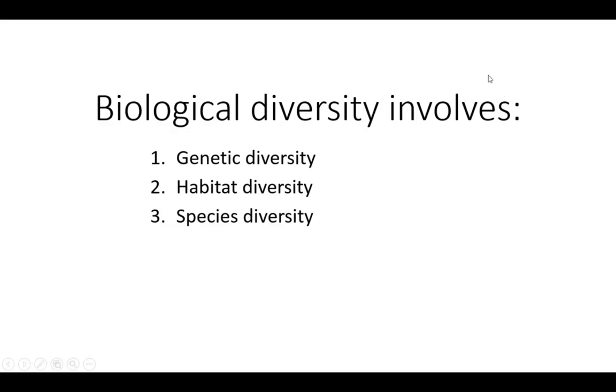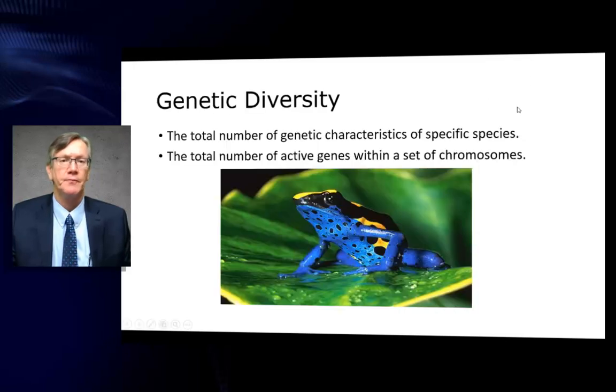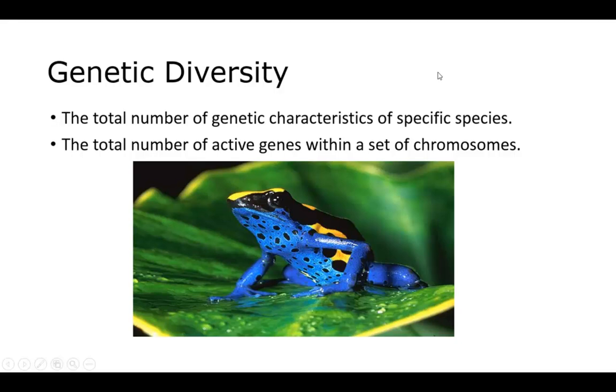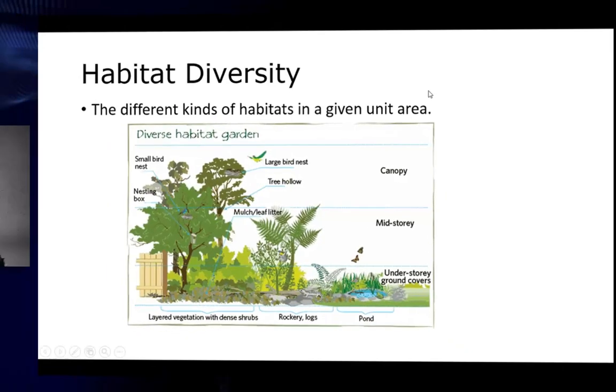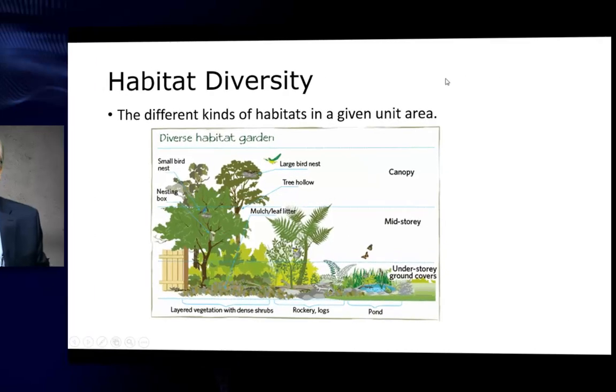Biological diversity involves genetic diversity, habitat diversity, and species diversity. Genetic diversity is the total number of genetic characteristics of a specific species, the total number of active genes within a set of chromosomes. Habitat diversity is the different kinds of habitats in a given unit area.